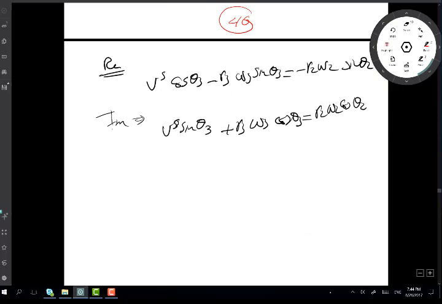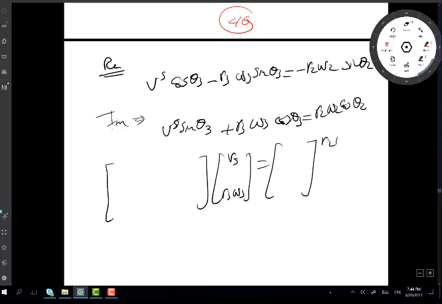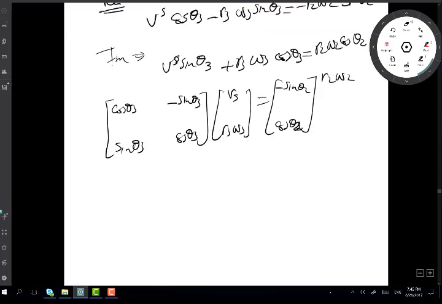Then I can arrange this with Vs and R3 ω3 on one side, and the common factor R2 ω2 on the other: the matrix with cosine θ3, minus sine θ3, sine θ3, cosine θ3, times the vector Vs, R3 ω3, equals R2 ω2 times the vector minus sine θ2, cosine θ2.